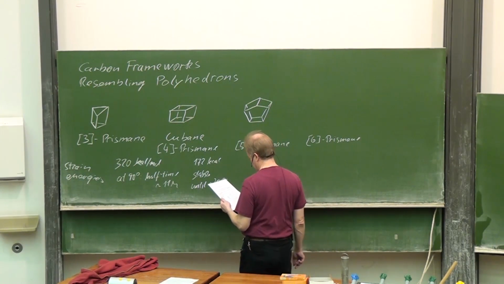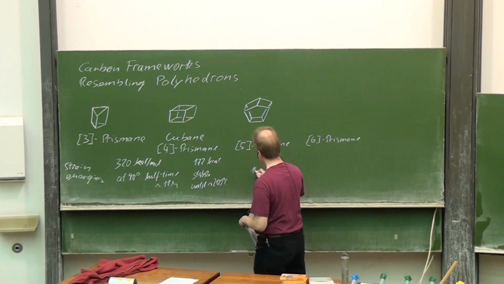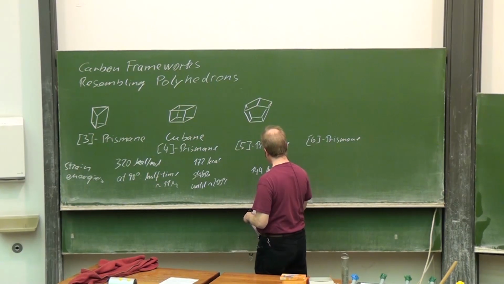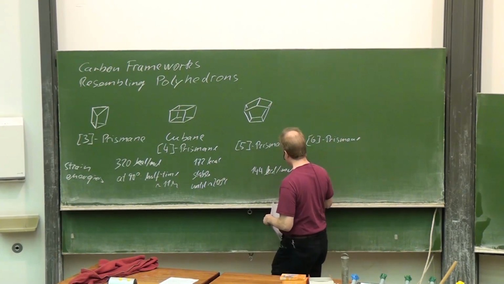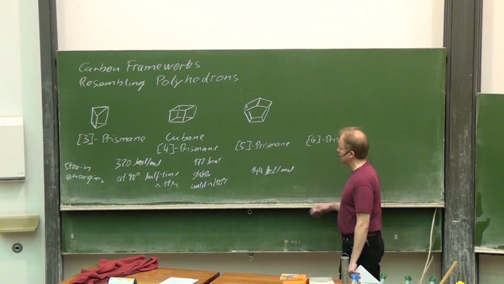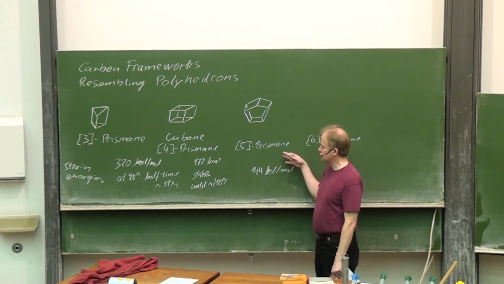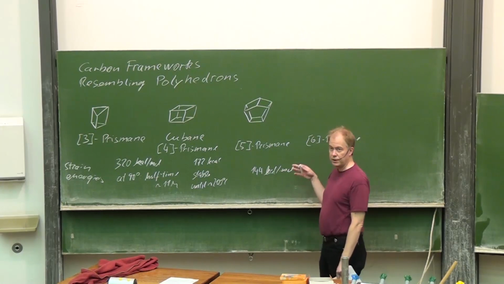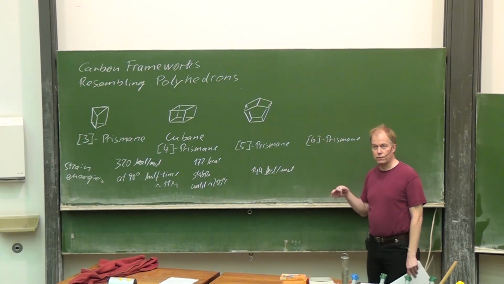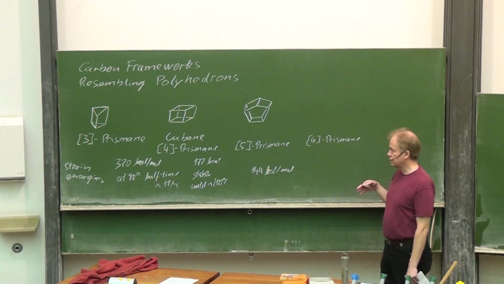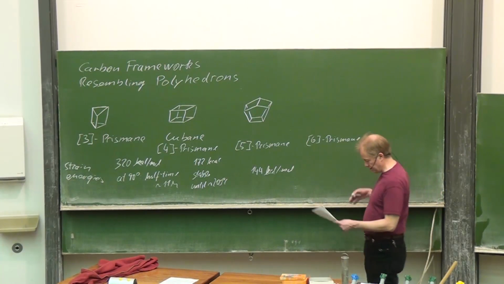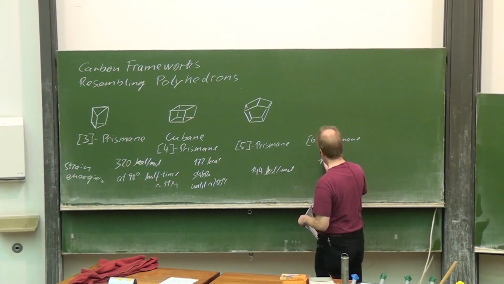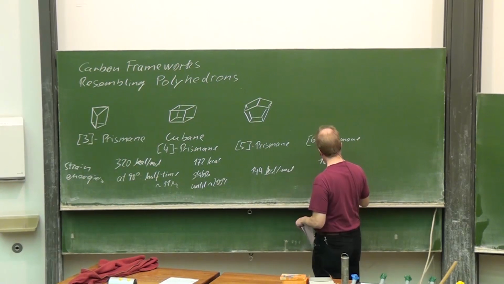Well, and the 5-prismane, 144 kcal. This is the most stable of all prismanes, with a 6-prismane and even more with a 7-prismane. The strain energy goes up again. Here we have 164 kcal.